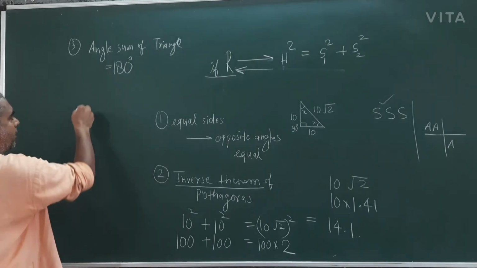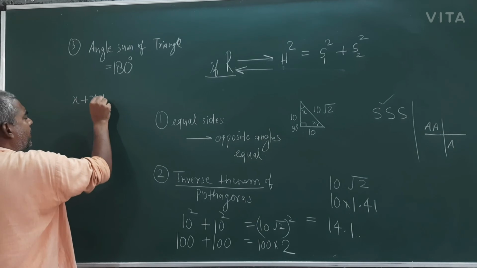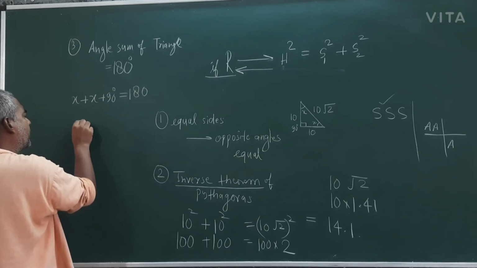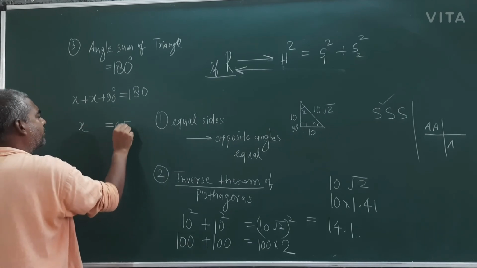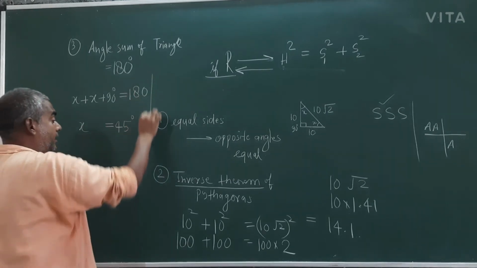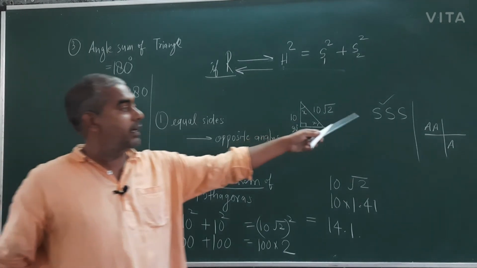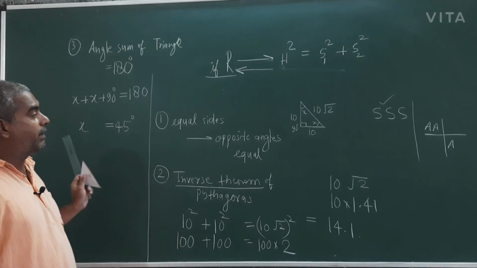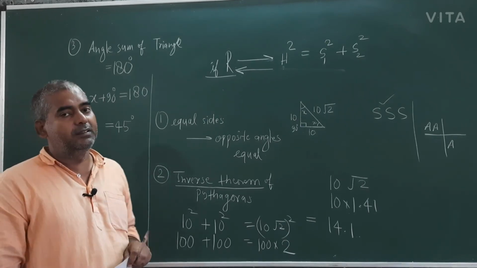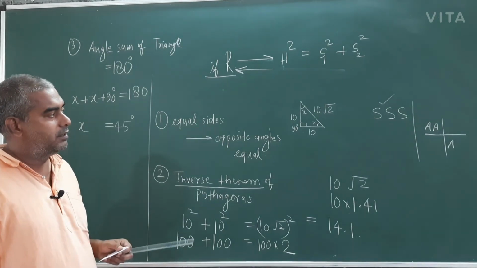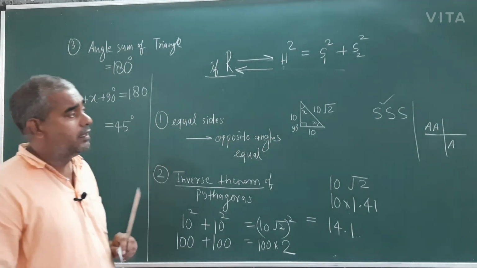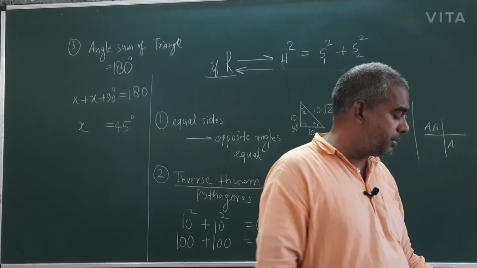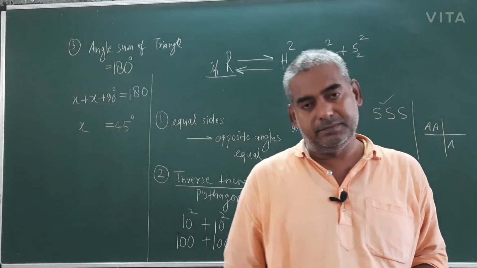So x plus x plus 90 is equal to 180 degrees. So you can calculate x is equal to 45. It means if we know the 3 sides, we have to apply all these 3 theorems to find the value of x. Okay, it's very important, note it. If we know the sides, then how to find the angle. Now the same question I will solve in a different manner. Same question.